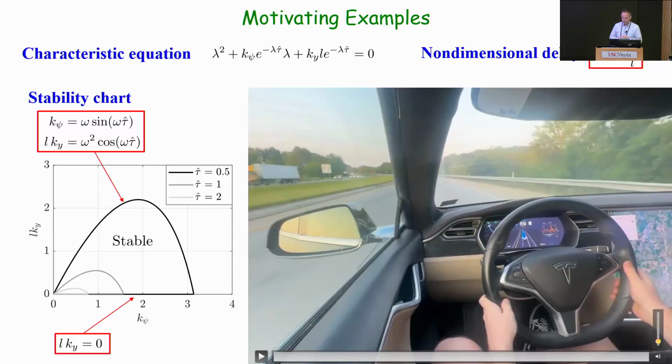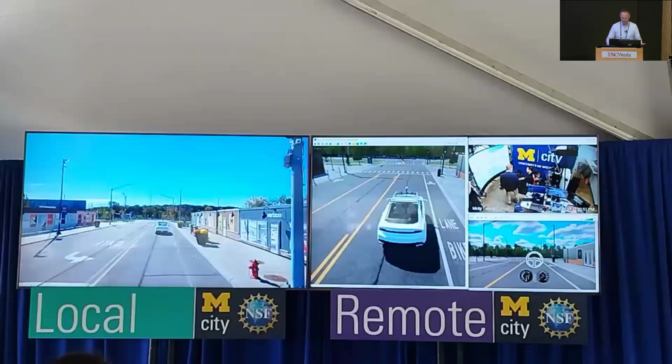Okay? Well, as Roshan showed us, if you try to do an experiment in California while you are sitting in ETH Zurich, well, there are some significant delays there. Okay? So I think it was last year we did a demo in M-City, which demonstrated it extremely well. What we did was we had a real automated vehicle driving on the tarmac.